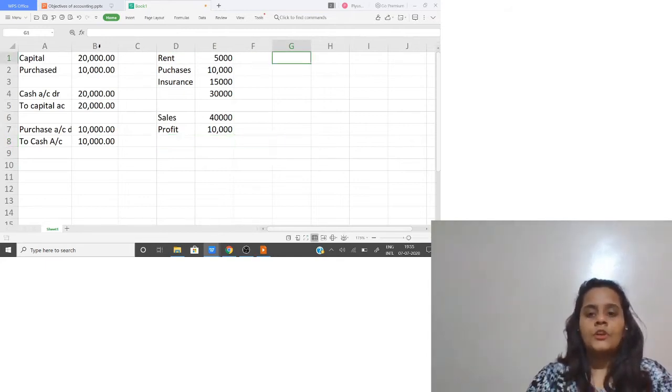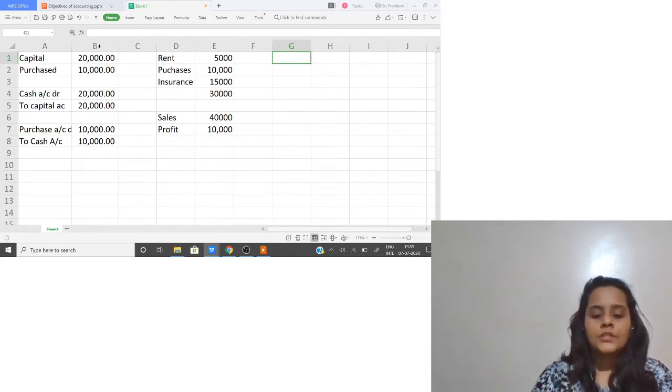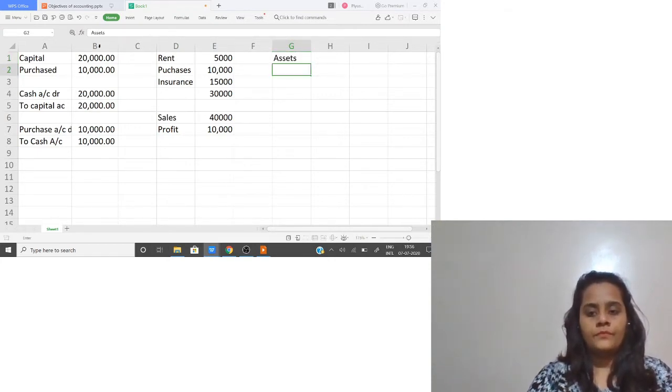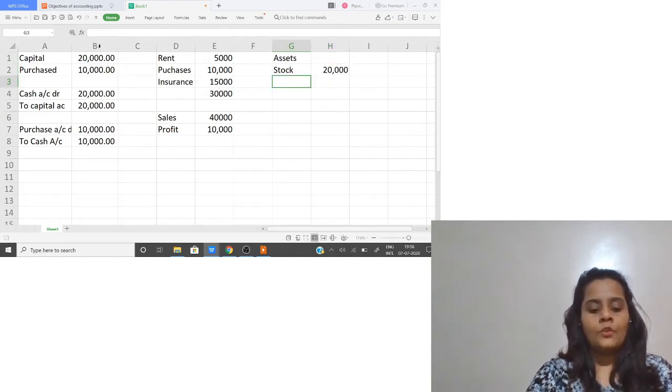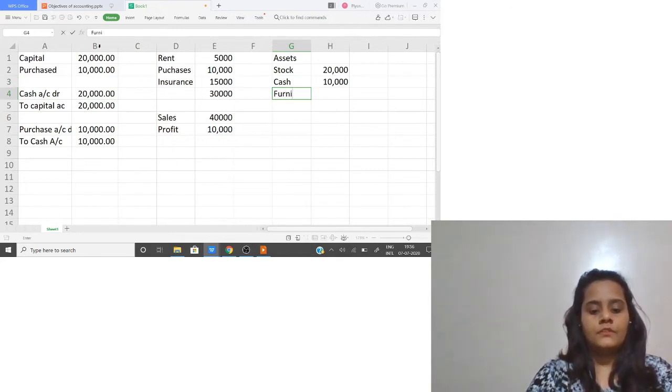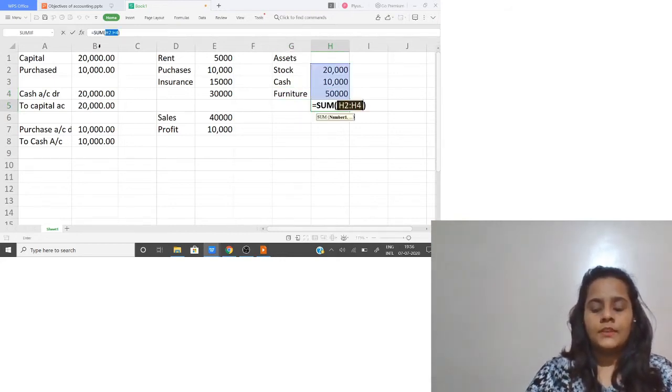So suppose during the year we have made certain purchases because of which at the end of the year we have stock worth rupees 20,000, we have cash 10,000, say we have furniture of 50,000. So this is my total asset.